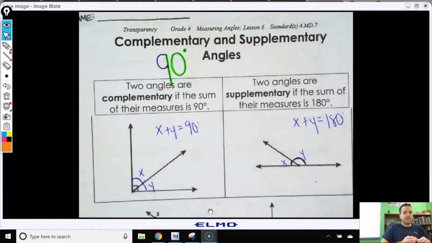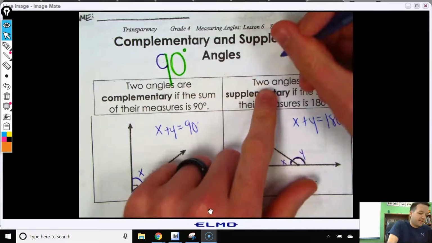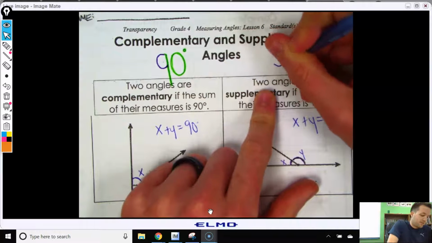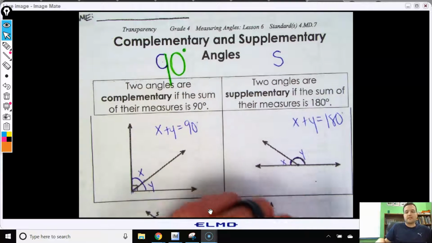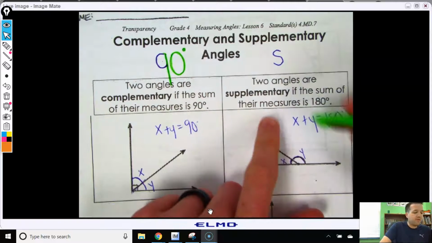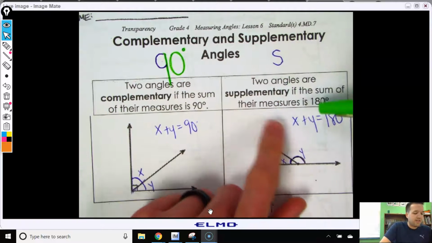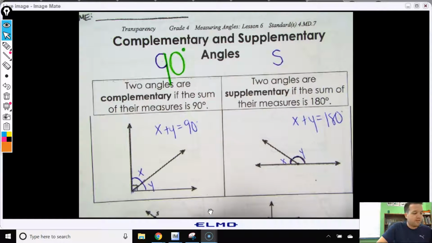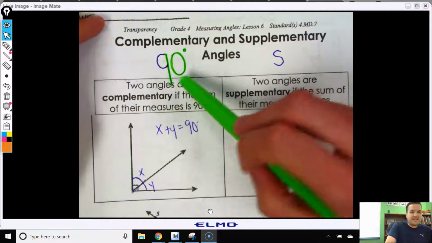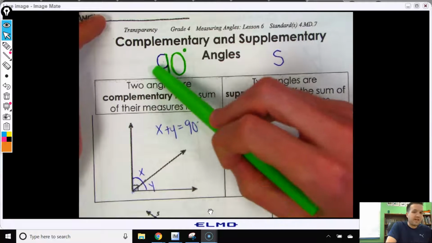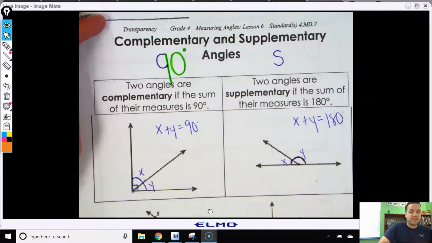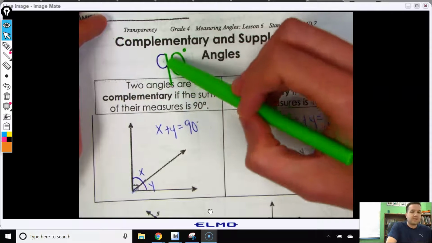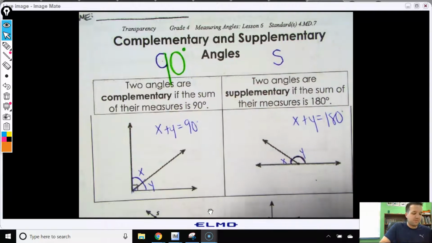Okay? Now let's take the letter S. Supplementary angles. How are we going to remind ourselves that supplementary have a sum of 180? Well, you can just remember, oh, it's not that one because I can't make 90 degrees with the letter S. Okay, but you could with the letter C. But here's another way that you can remember.